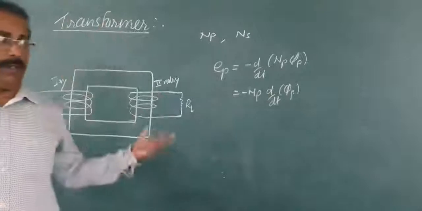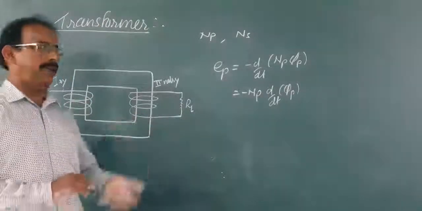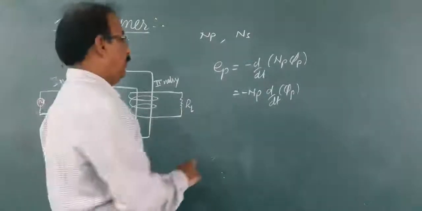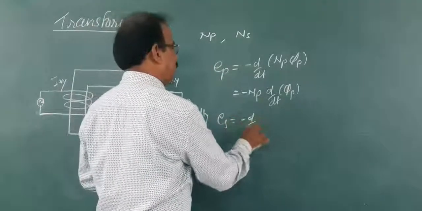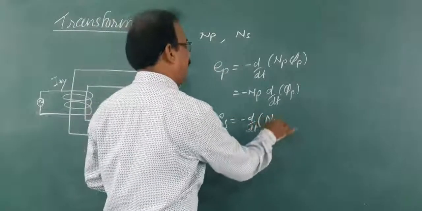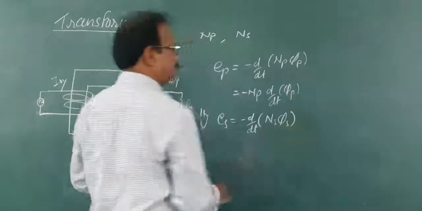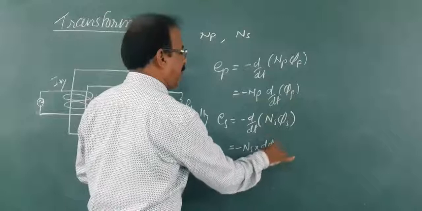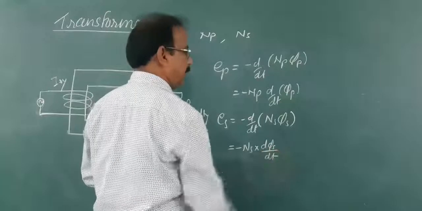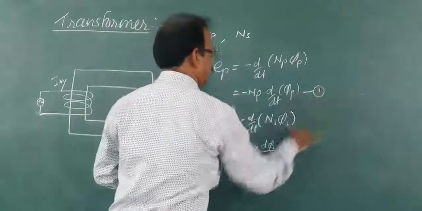This is the EMF induced in primary. Similarly, the EMF induced in the secondary coil you can write as minus d/dt of Ns times phi, meaning minus Ns times d phi by dt. This is equation 1, this is equation 2.